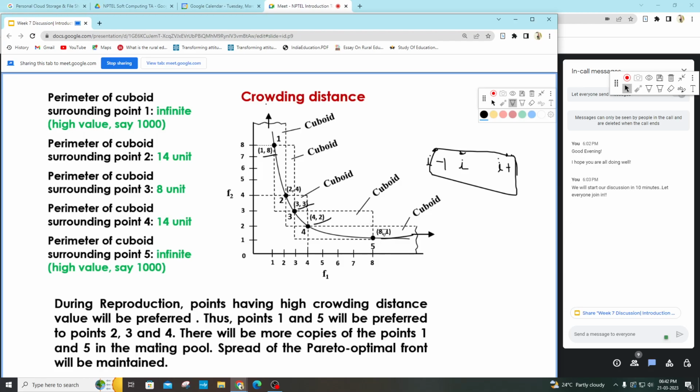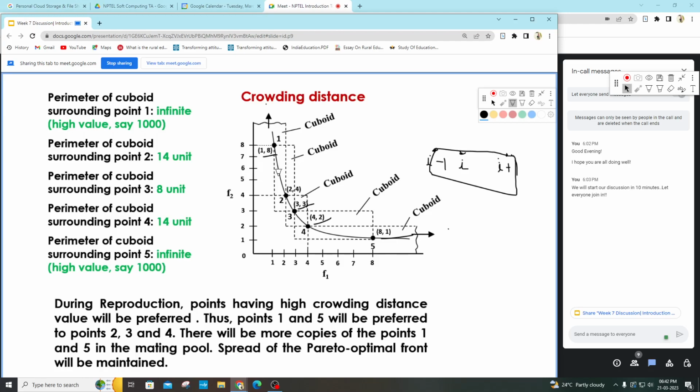Similarly, this is the problem for the last point, that is the fifth point. We cannot see a point here. We can see the first point I minus 1, but here we cannot see the last point, that is I plus 1. Similarly here we are not seeing the point I minus 1, but we are seeing the point I plus 1.